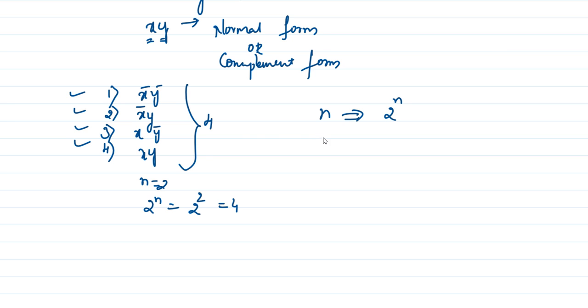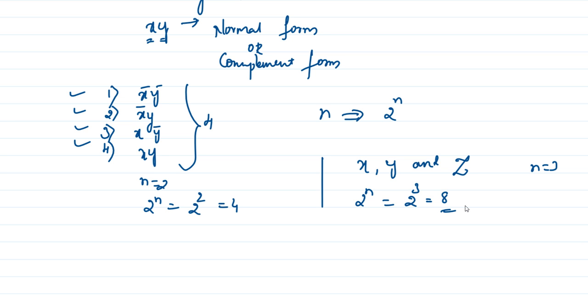The same way, if you have three variables like x, y and z, then the total number of possible combinations is 2 to the power n. N is equal to 3 here, so 2 to the power 3 is equal to 8 combinations you can have. So I will write those combinations now with a table.